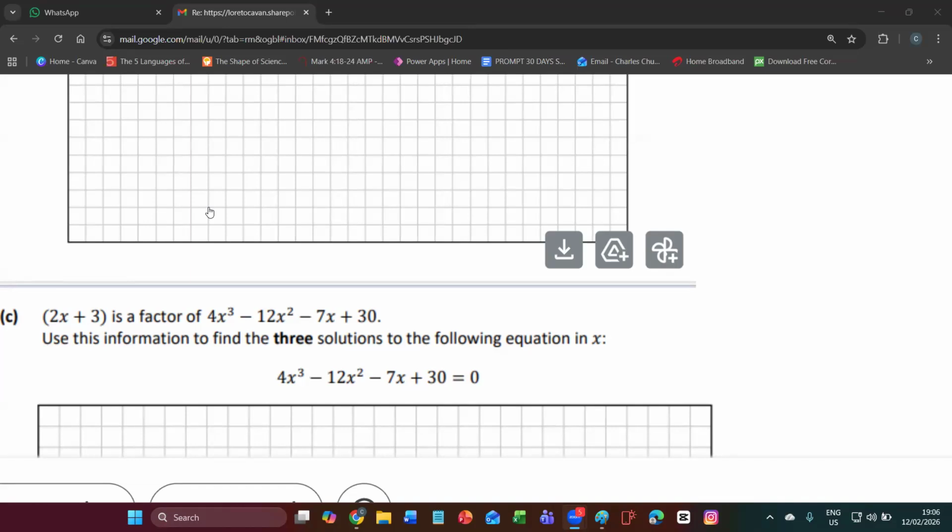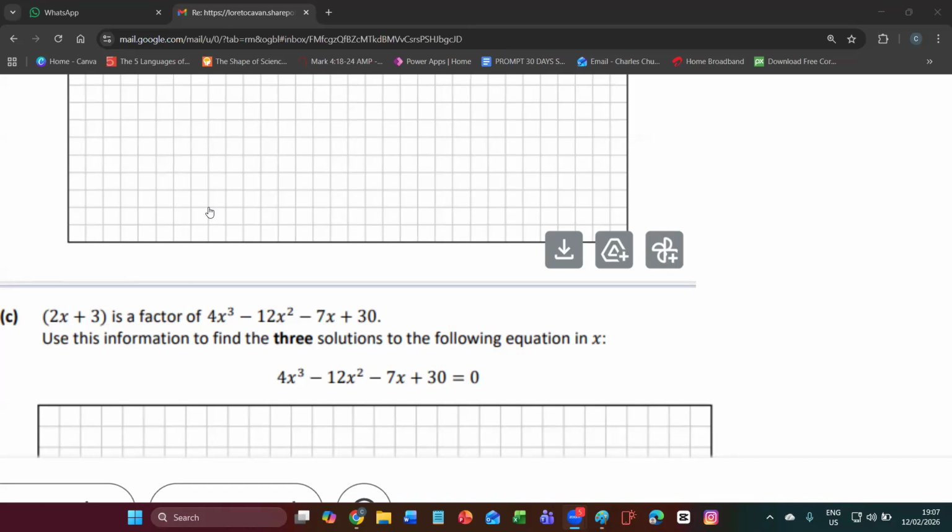So when they say something is a factor of another thing, it means the remainder after division is zero, isn't it? Yes, sir. That's the implication.